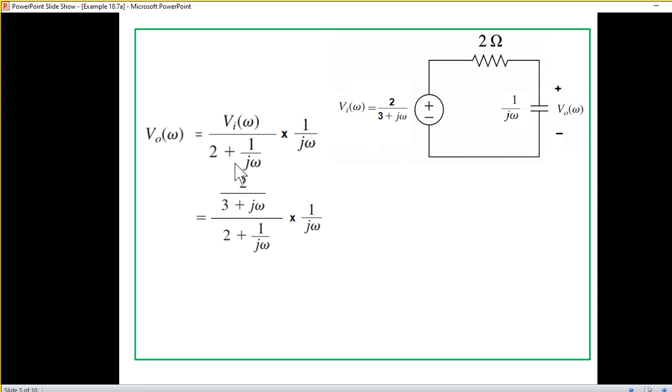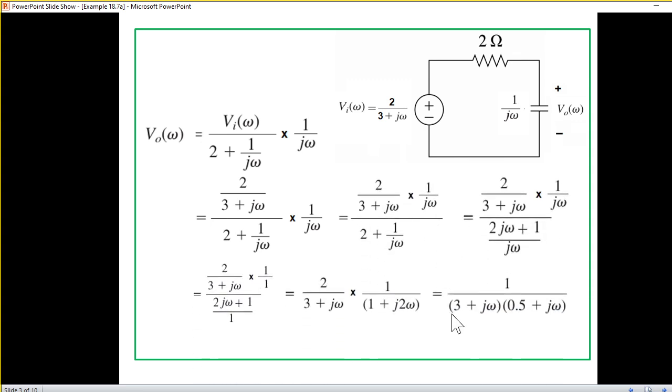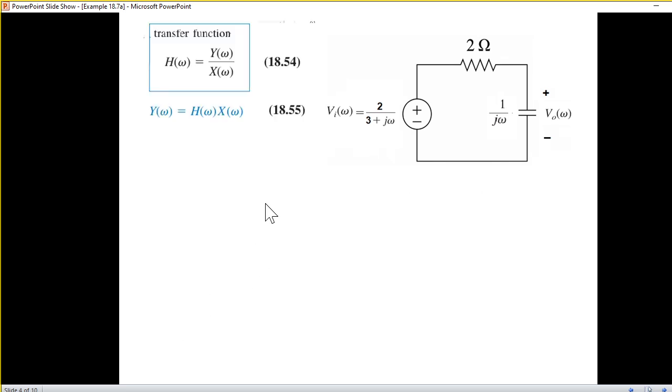You can then put in the value of Vi(ω), which is 2 divided by (3 + jω), and solve to get this answer. But I'll follow what the book has done so you don't get confused. Let's go to the book method.